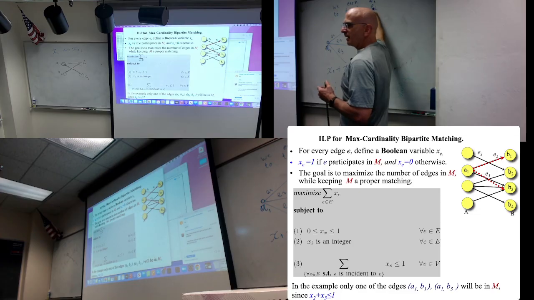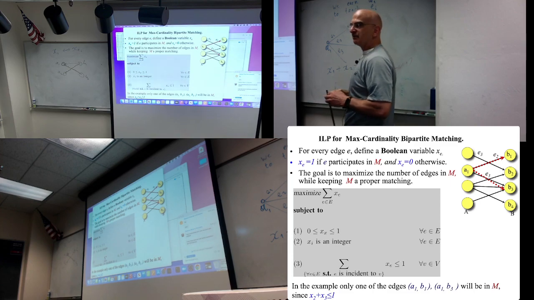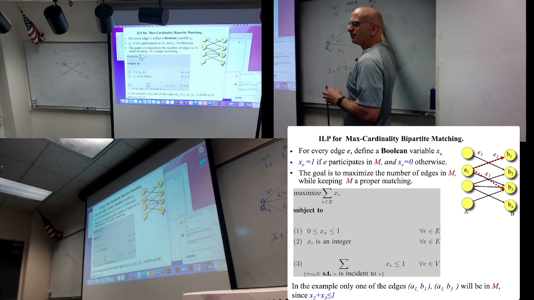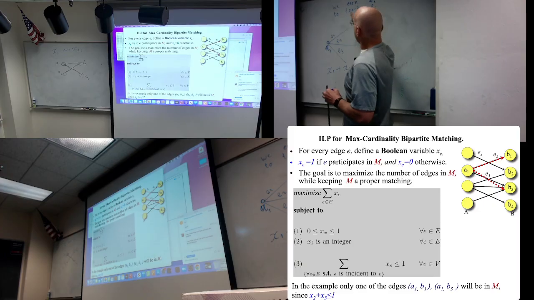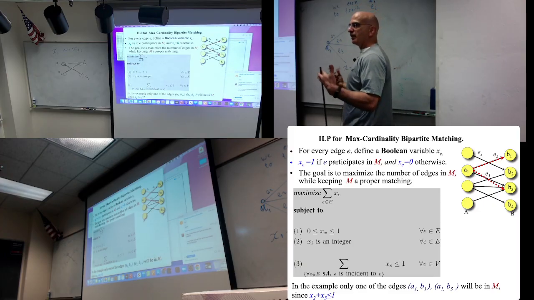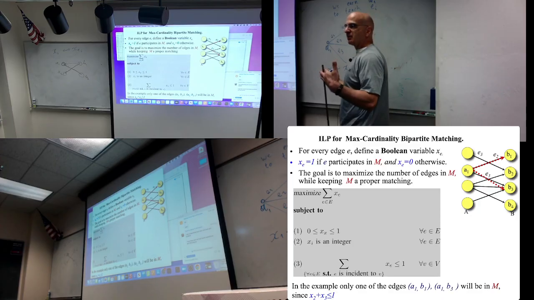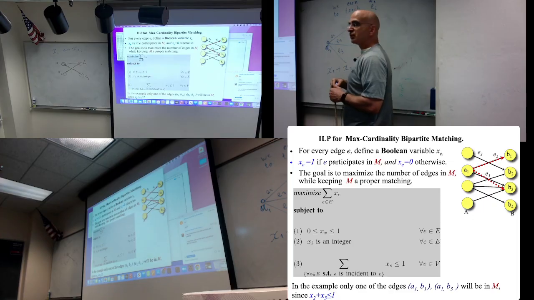Let's say every edge is coming up with a weight and I'm looking for the weighted matching. Every edge has a weight associated with it, and I'm trying to get a matching that gives me the maximum weight, sum of the maximum weight. What do I change in the ILP?